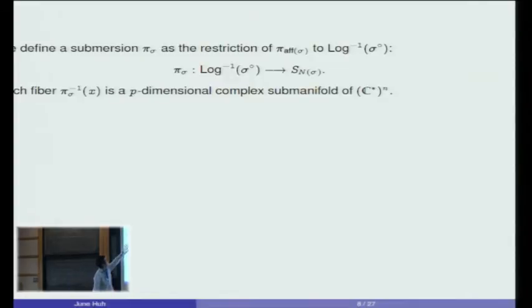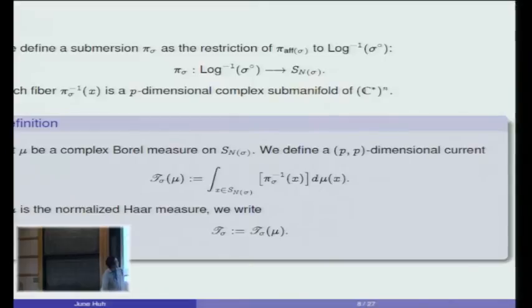And each fiber of pi sigma is a p-dimensional complex submanifold of C star to the n. And the point is that this submanifold, this complex manifold, has a boundary. But if you start with a polyhedral complex whose cells meet each other in the right way, and if you take the average of such boundaries at the boundary of such cell complexes, then they will cancel each other.